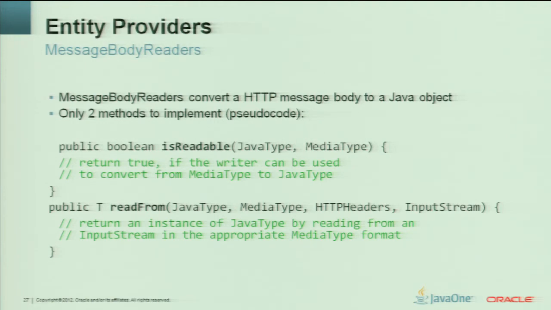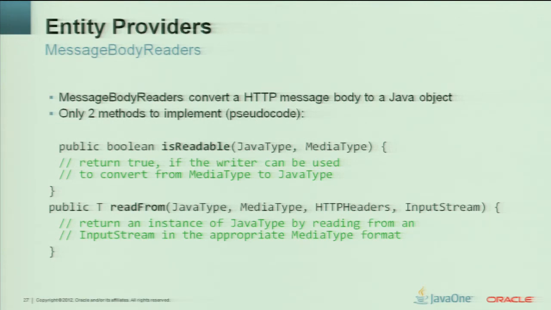So you can call isReadable for byte array with a media type of JSON. Or you can call isReadable for Java AWT image, for example. Well, that doesn't exist in CLDC. Let's pick something else: isReadable for string array, and the media type would be application XML.